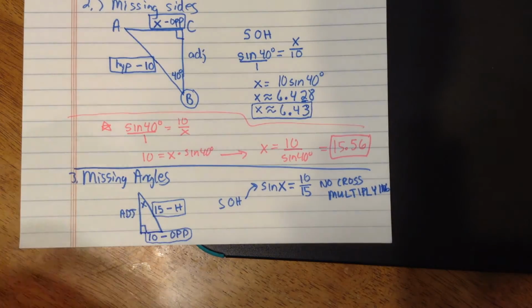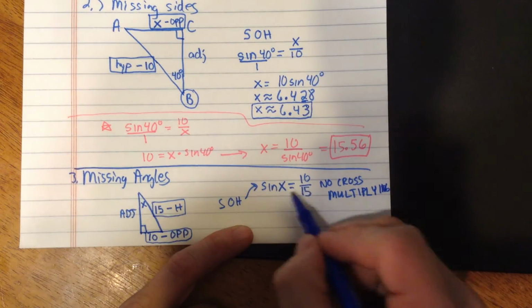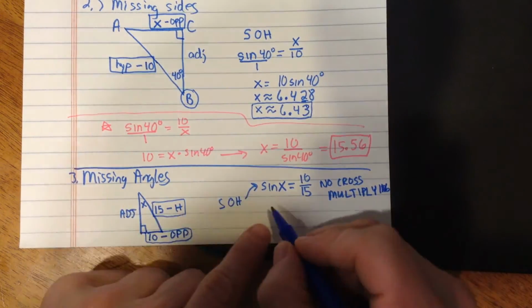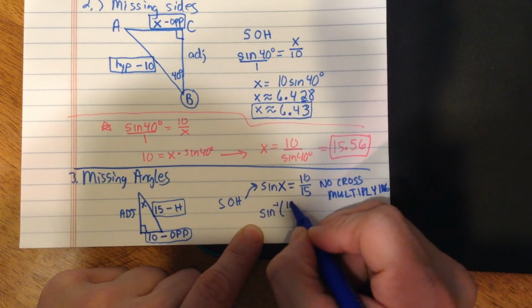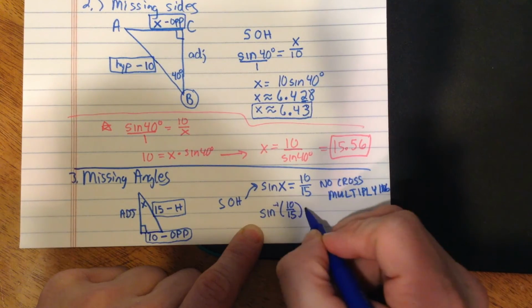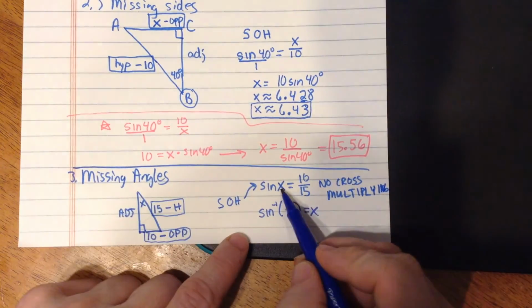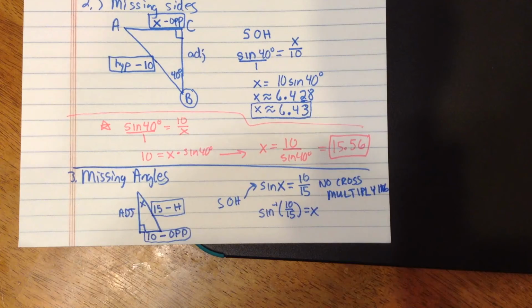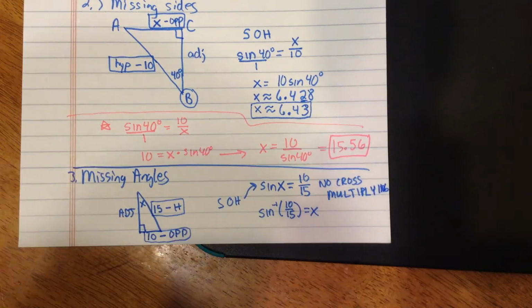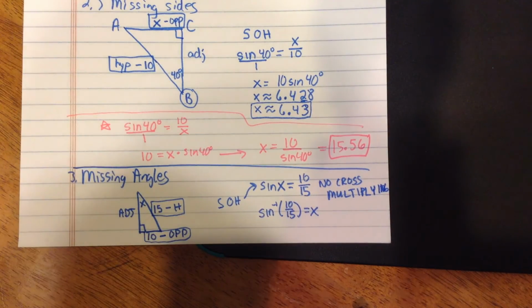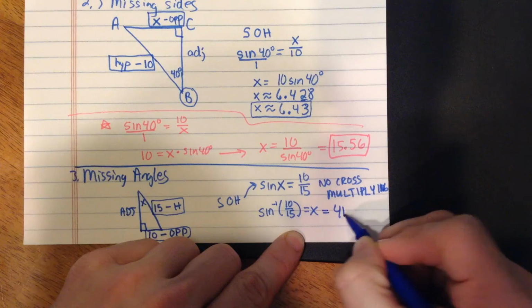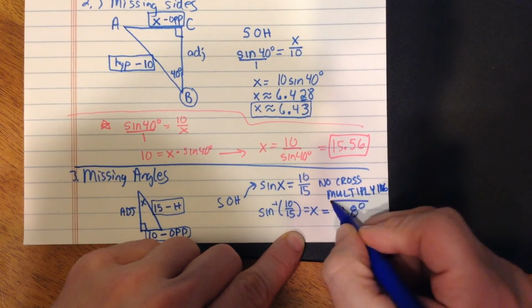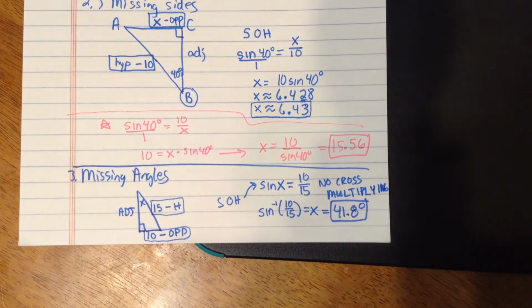And all that does is it finds the angle. So if I want to find the angle coming out of this ratio, all I'm going to do is write inverse sine, and you're going to put the 10 over 15 inside here. So you're basically going to switch these two spots, and you're going to get your answer that way. When I put this in my calculator, I come out with an answer of 41.8 degrees. And there you have it.